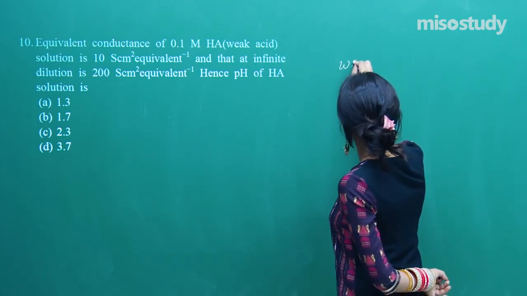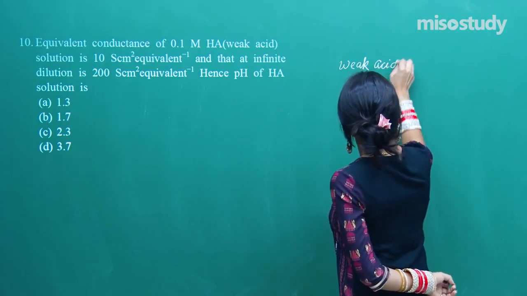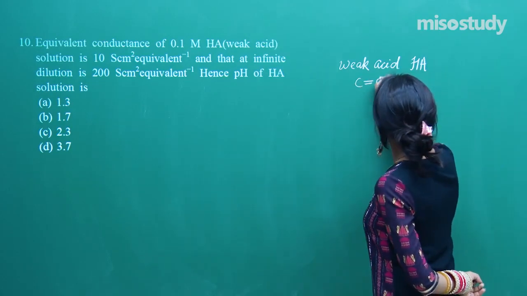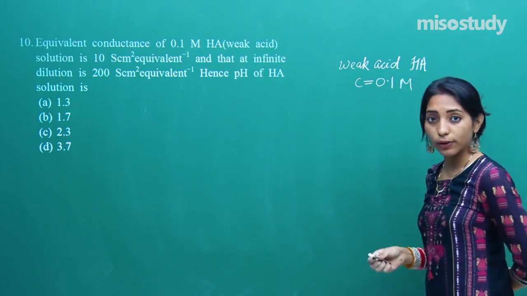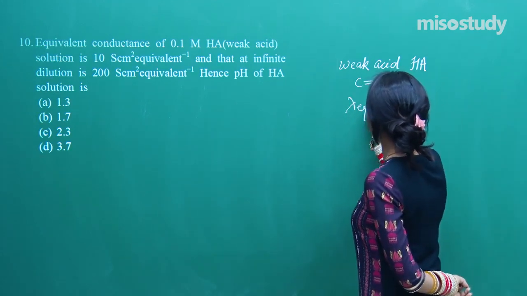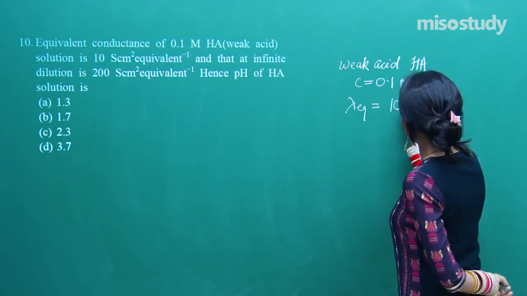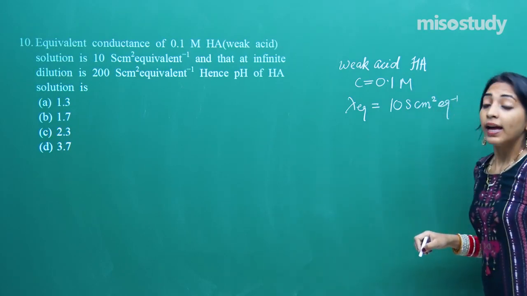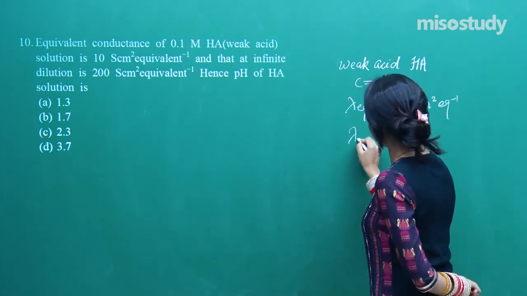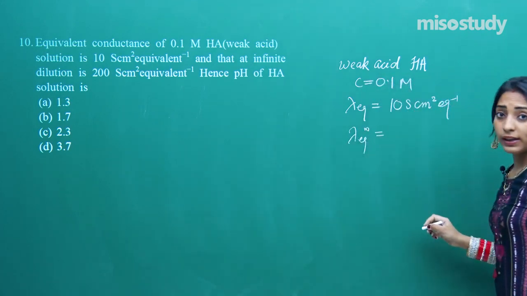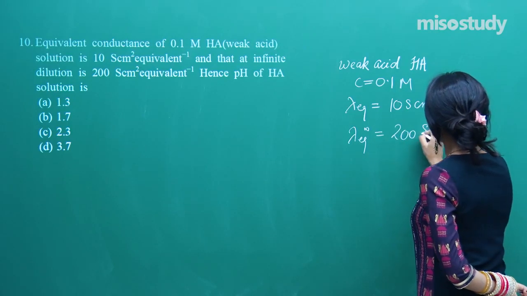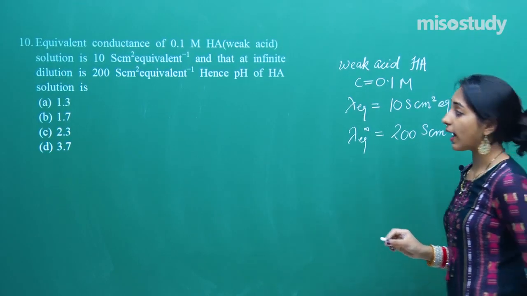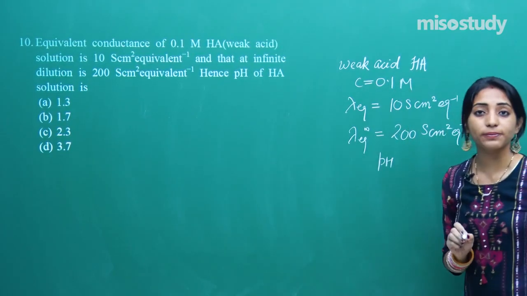So let's say there is a weak acid HA which is given to me, whose concentration is 0.1 molar, and its equivalent conductance lambda EQ is given to be 10 Siemens centimeter square equivalent inverse, and that at infinite dilution is given to me as 200 Siemens centimeter square equivalent inverse, and I am asking you to calculate the pH of the solution.